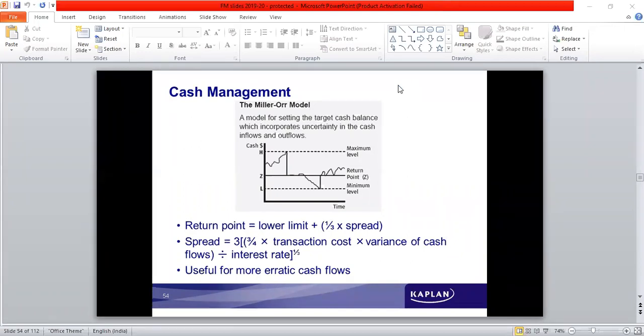Okay, there's another model, a cash management model, which is given as the Miller ORR model. So what is this model? The Miller ORR model.